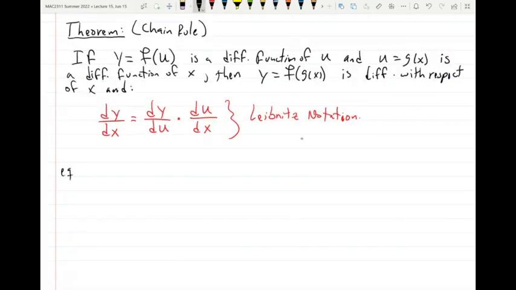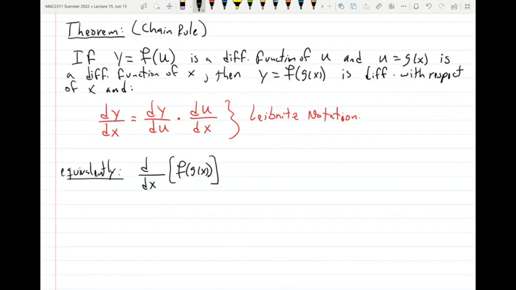So equivalently, dy dx stands for the derivative with respect to x of f composed with g. Okay. All right. So because y equals f of g of x, now what this is telling me is take the derivative of y with respect to u.